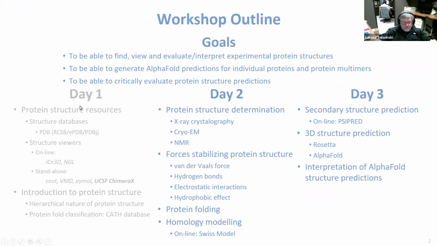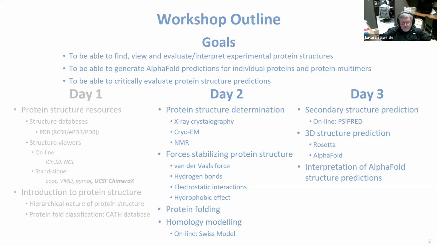Yesterday, we went over some protein structures just to see how proteins look and where to find those structures, how to display them on a screen in a version different than columns with numbers. And we also went through some common features of protein structures.